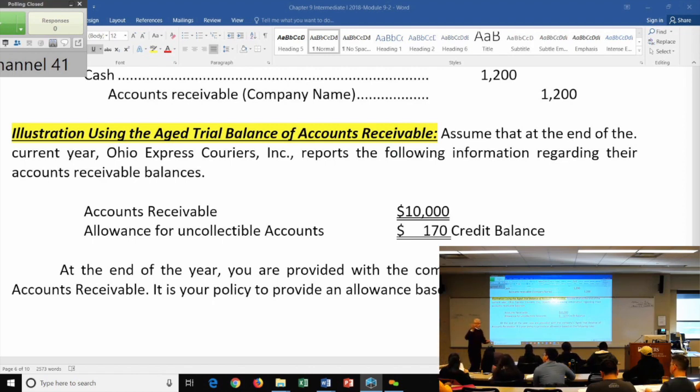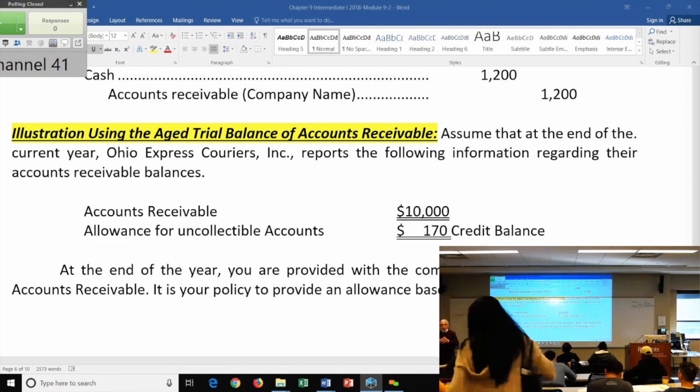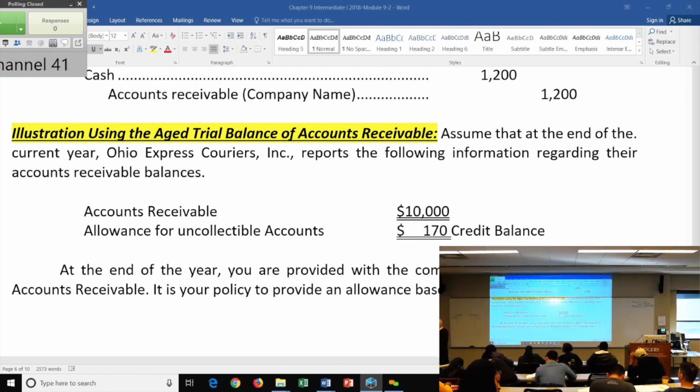Now, let me remind you that when you deal with the balance sheet methods, that is either the aging or the percentage of receivables, you've got to know what's in the allowance account. Remember, the theory is that balance sheet approaches are directly focused on proper balance sheet valuation and the net realizable value, or the cash realizable value, of the receivable.